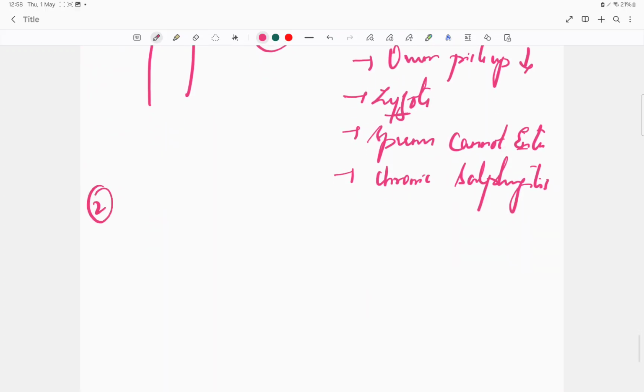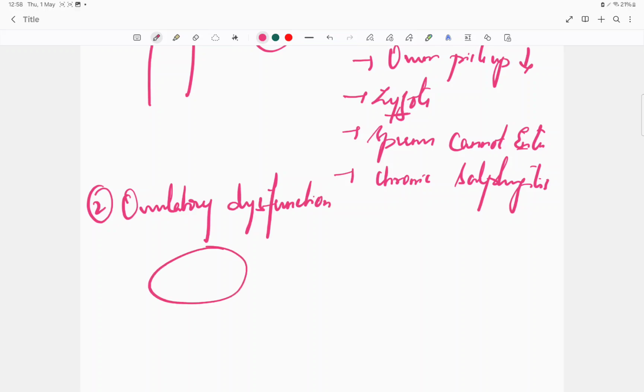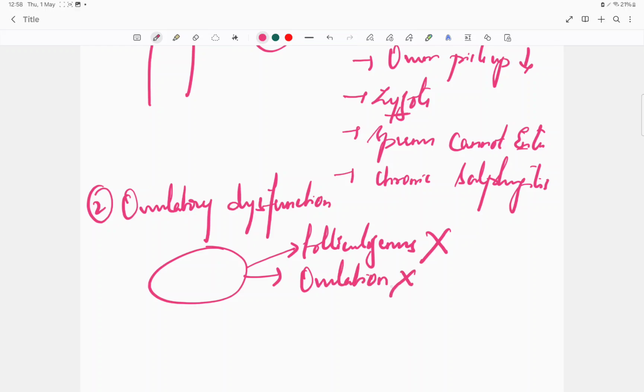And the second thing is ovulatory dysfunction. In ovulatory dysfunction, basically in the ovary, the folliculogenesis will not happen properly. And next, the ovulation will not happen properly.